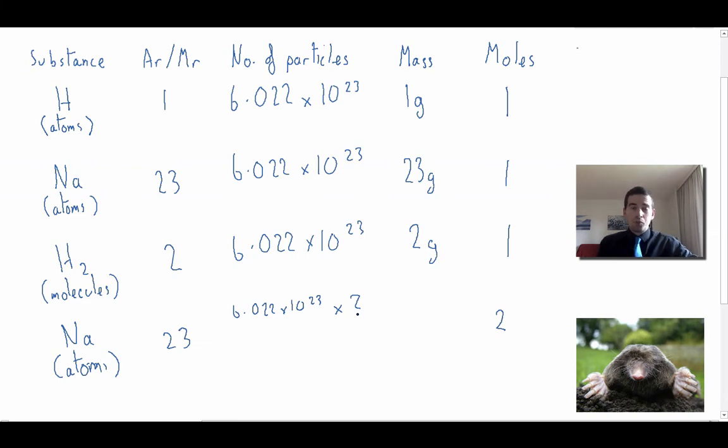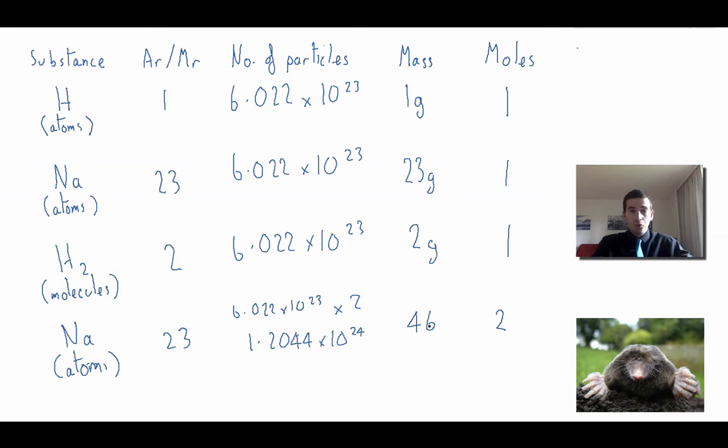You have the Avogadro number of atoms in 1 mole, so if you have 2 moles, you just multiply it by 2, which comes out as 1.2044 times 10 to 24. And that is how many atoms of sodium we would have in 2 moles. Now the mass of this would be 46. As we know, 1 mole has a mass of 23, so 2 moles have a mass of 46.